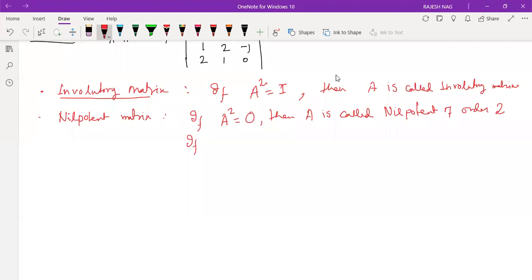If A cube equal to 0, then A is called nilpotent of order 3, and so on.